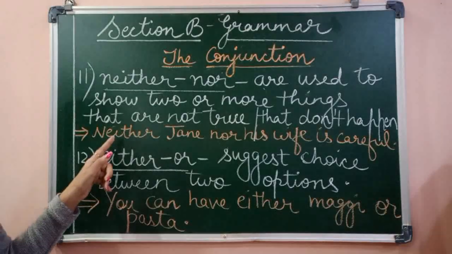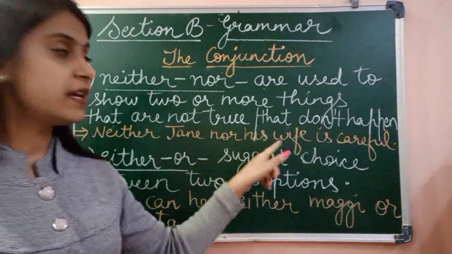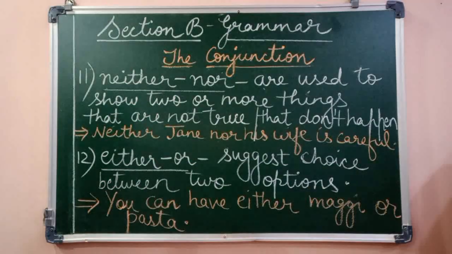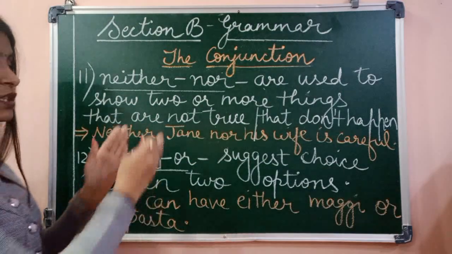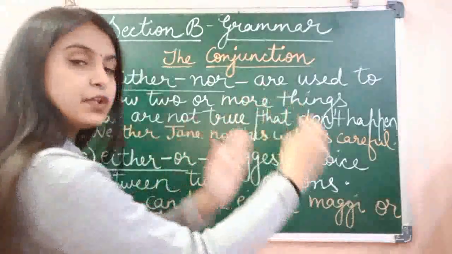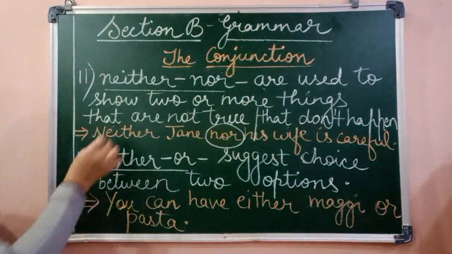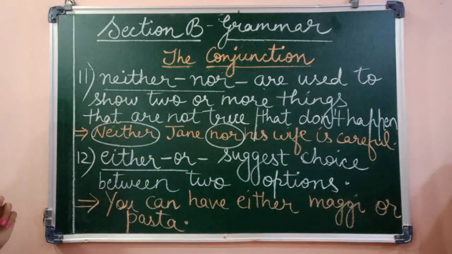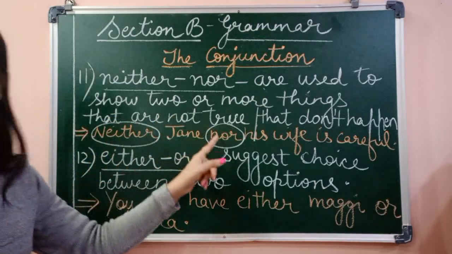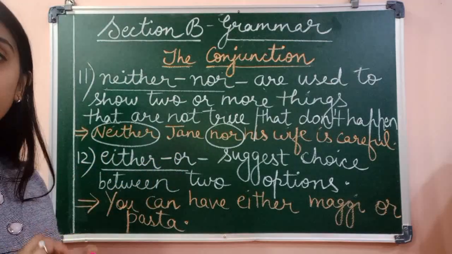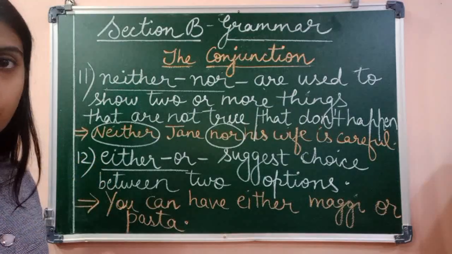For example, neither Jane nor his wife is careful. Okay, so here you see neither Jane. It means not Jane also and not his wife also. Okay, so we have joined this using the conjunctions neither and nor. Children, neither and nor are always used together. So neither John, it means it is talking about both the people as a no, right?